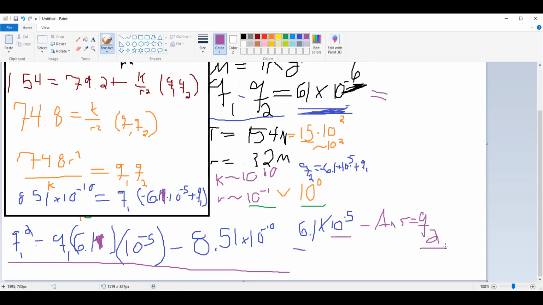If Q2 is the negative charge, like we're assuming, and I think the question is asking for magnitudes. So for the first one, you should get 7, and for the second one, you should get 1 something, and those are going to be times 10 to the 5th, and the units are coulombs.